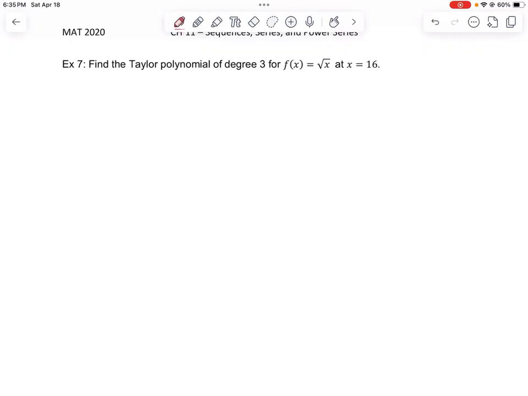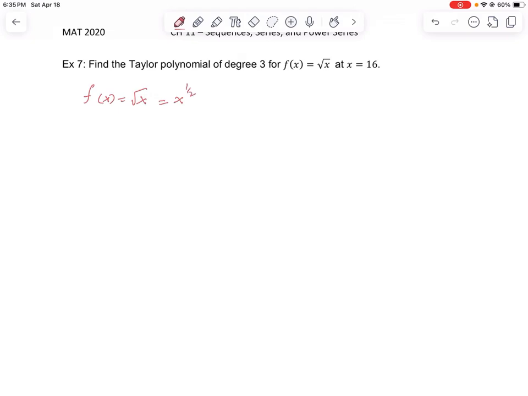So f of x is equal to square root of x, which you know is x to the 1/2.